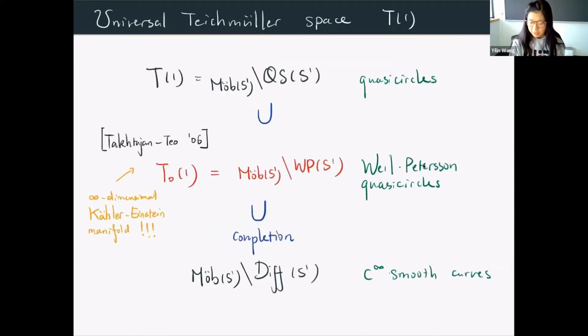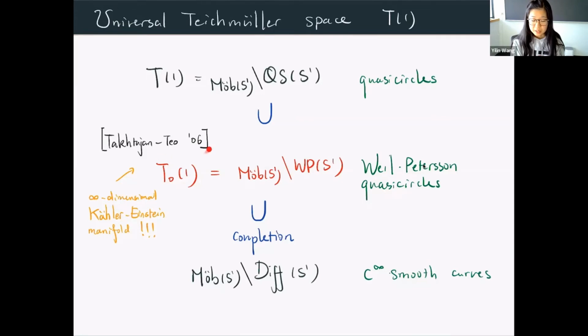However, this space of smooth curves, this smooth part of the Teichmüller space, is not closed, it's not complete for this Weil-Petersson metric. The intermediate space, which has been made rigorous by Takhtajan and Teo in their seminal work, we call the Weil-Petersson Teichmüller space, and they denote it as T_0(1). And those weldings correspond to the curves called Weil-Petersson quasicircles.